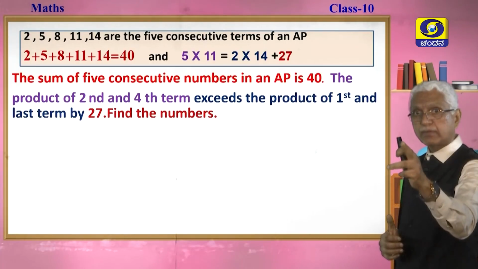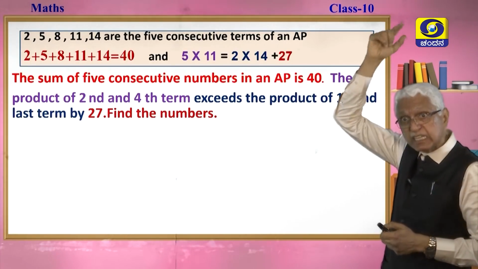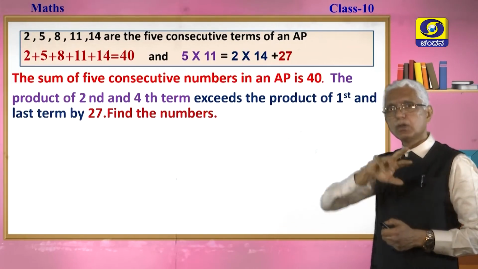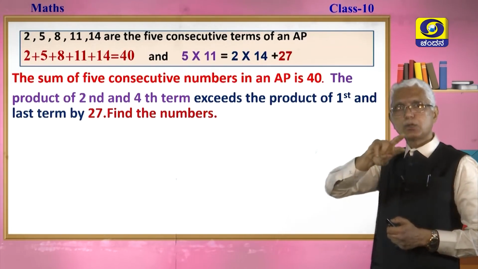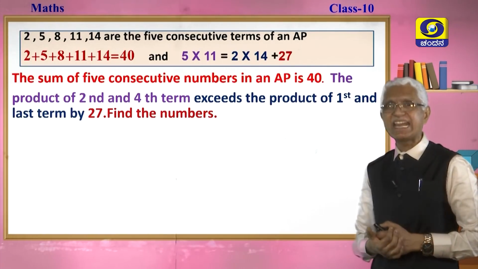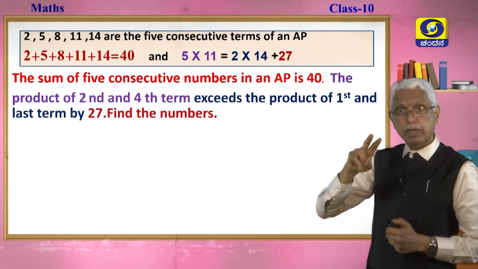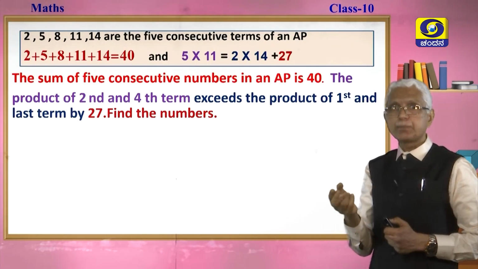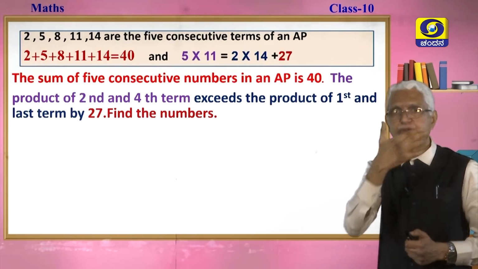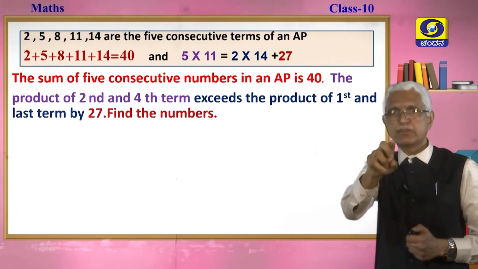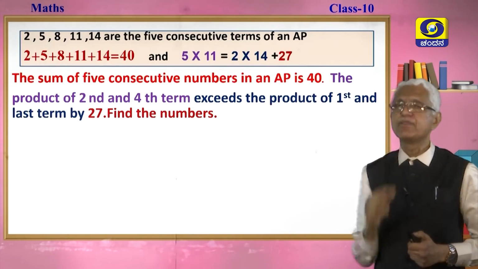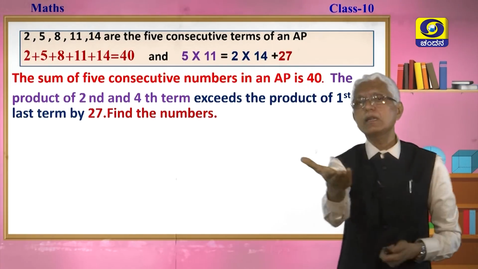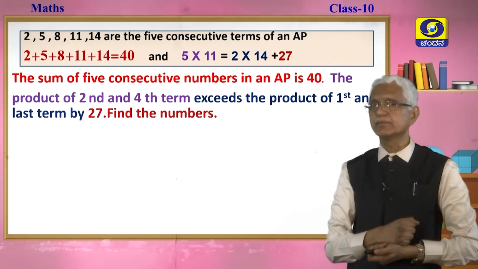First is 2, last is 14. 2 into 14 is 28, correct. So, the product of the first and the last is 28. What is the difference between 55 and 28? 27. The difference is 27.